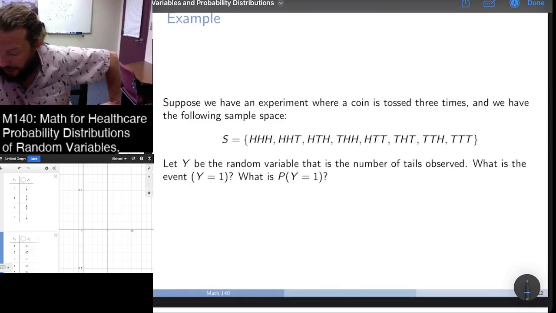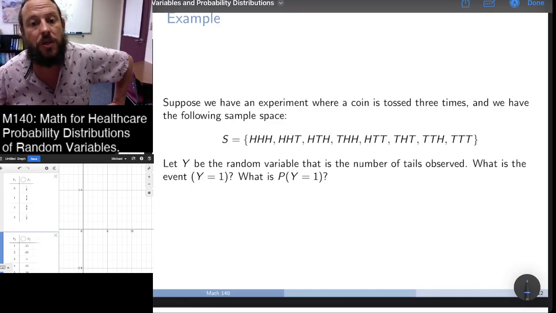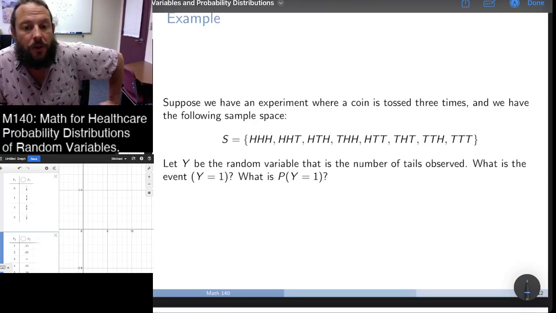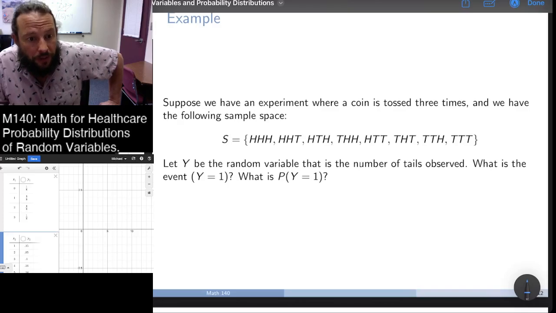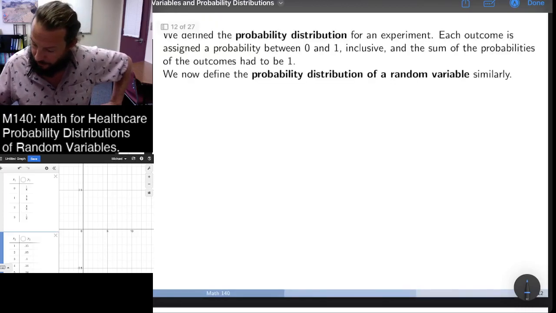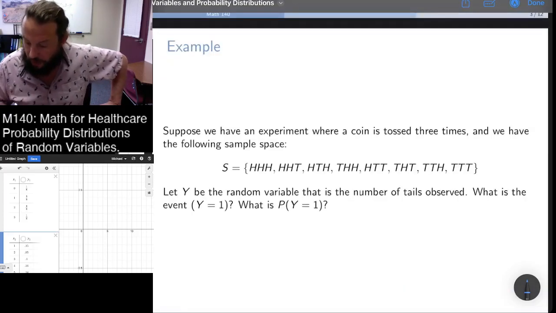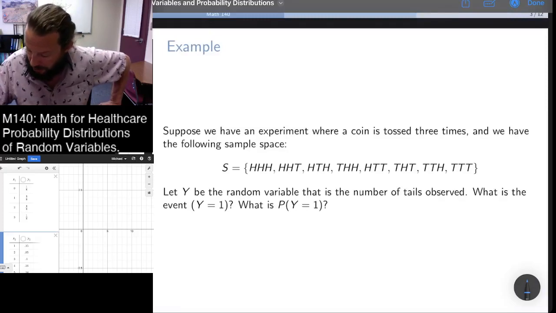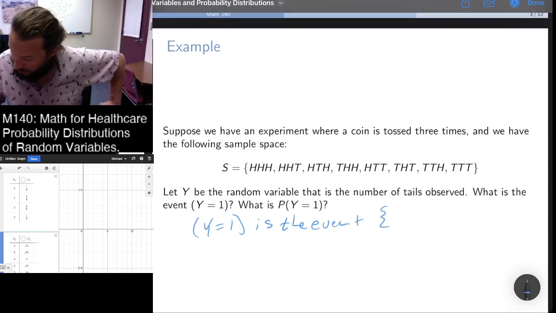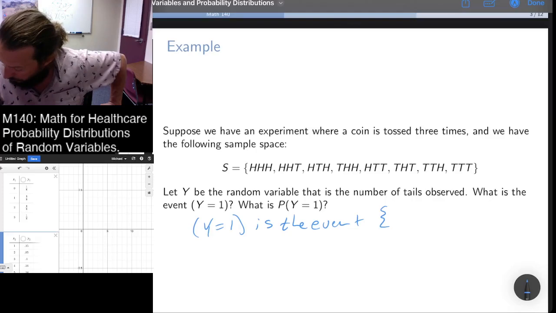All right, so let's find an example. Suppose we have the experiment where a coin is tossed 3 times and we have the following sample space. Well, we saw that, right? Let y be the random variable that is the number of tails observed. What is the event y equal to 1? And what is the probability of y equal to 1? Well, in this case, y equal 1 is the event, let's see here, what do we have with the number of tails observed?